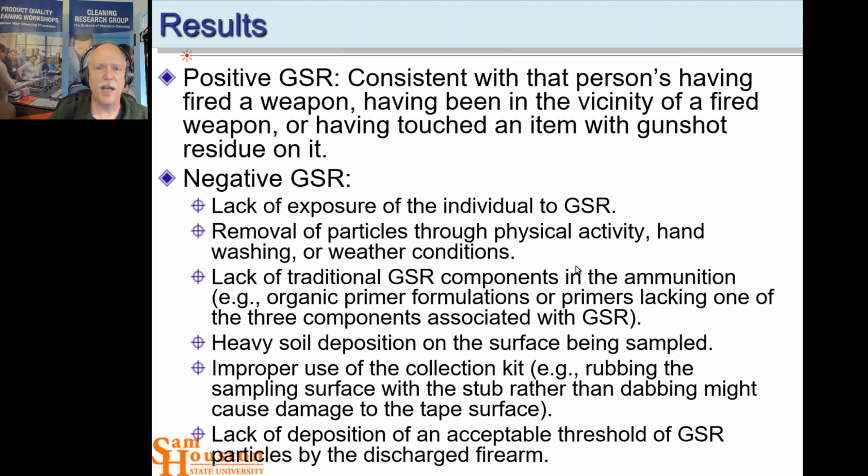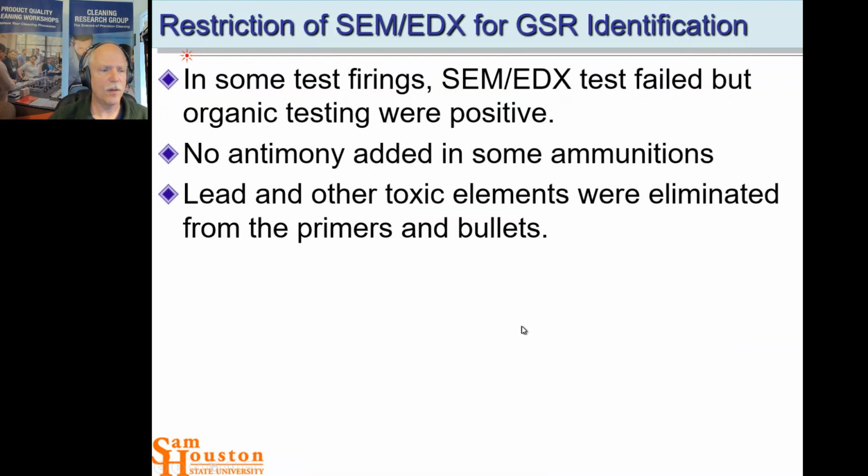Or maybe the hands were covered in mud, or some other kind of soil that disrupted the sampling. And sometimes the SEM EDX test failed, but the organic testing was positive. So they detected the other components like the ethyl centralite and maybe the nitrocellulose or nitroglycerin.